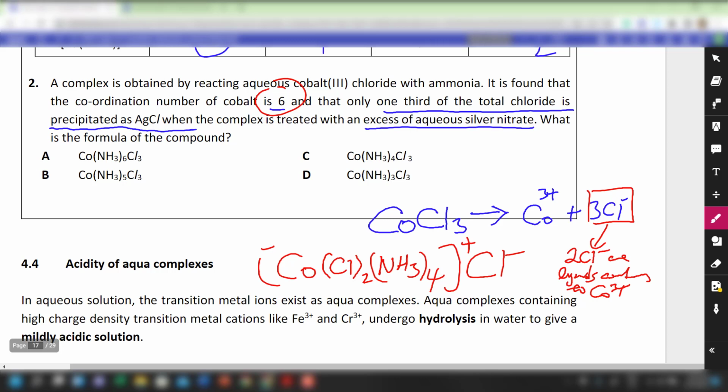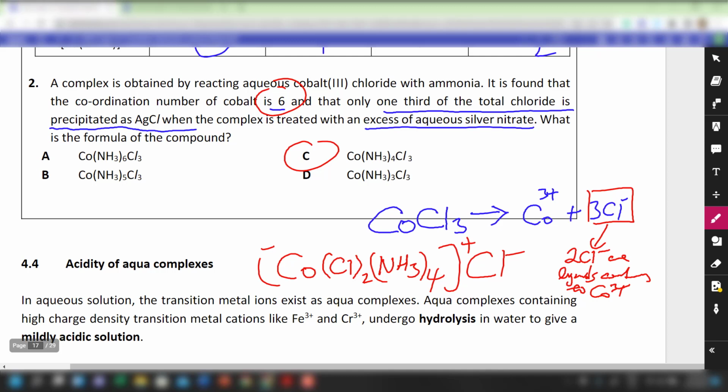So therefore, the formula of the compound, if I'm going to choose from the list, will be C. Does that make sense to you? Why do I choose C? Because as I said earlier on, it must contain 4 ammonia ligands and 2 chloride ligands.